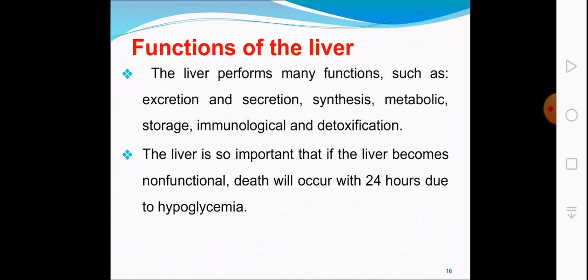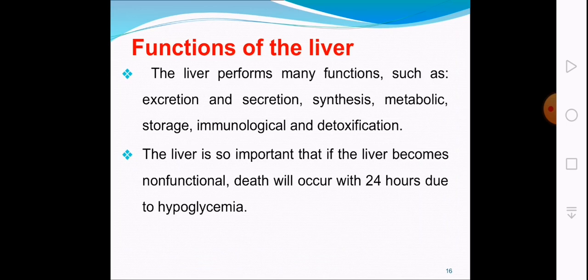Functions of the liver. The liver performs many functions such as excretion and secretion, synthesis, metabolic, storage, immunological and detoxification functions. يعني بنلقى انه الليفر بيقوم بمجموعه من الوظائف اهمها secretion and excretion function, synthetic function, metabolic function, storage function, immunological and detoxification functions.